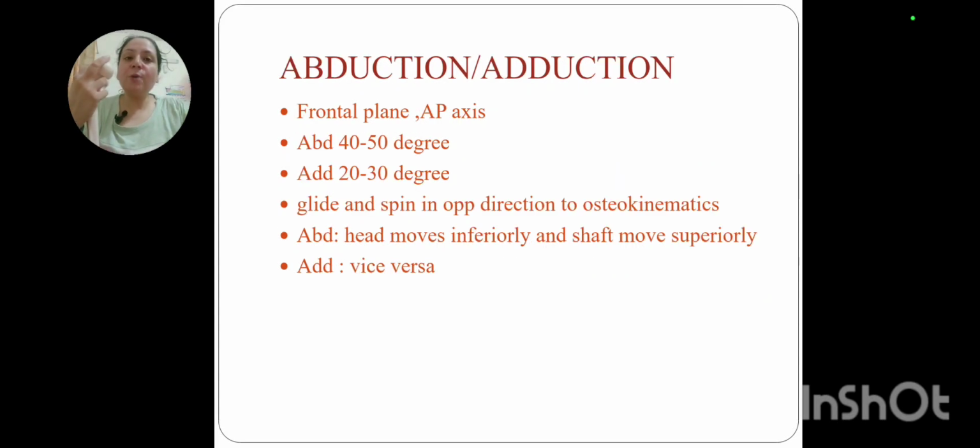Fine. Abduction and adduction take place in the frontal plane, around the anteroposterior axis. The abduction range is 40 to 50 degrees, when the distal end of the bone moves away from the midline, and the spinning movement is opposite.